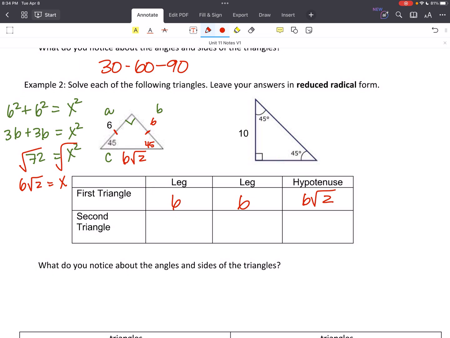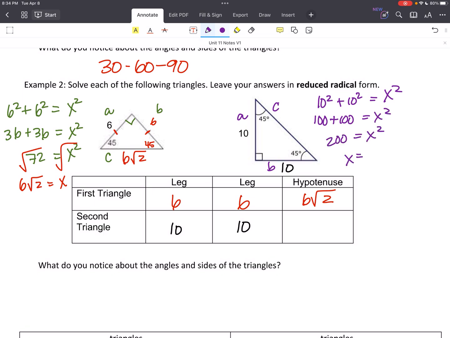On the second triangle, we have 10 and 10. And then when we do Pythagorean theorem, this is A and B, C. So 10 squared plus 10 squared is equal to x squared. So 100 plus 100, 200, which when we do the factor tree, x is equal to 10 square roots of 2.